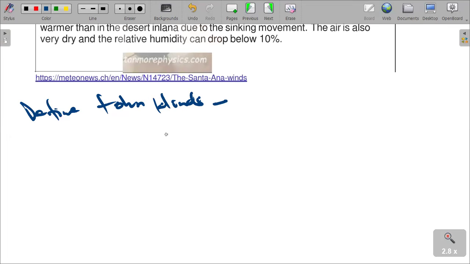I'm sure if you check my presentation, you can identify that we explained quite a lot, and even diagrams explaining foehn winds, which are warm, dry winds that we see descending.